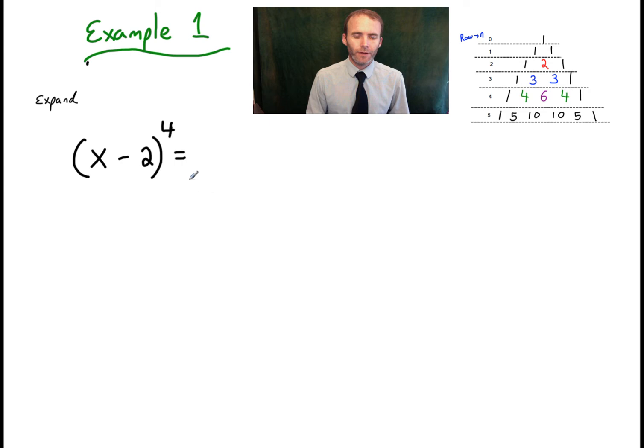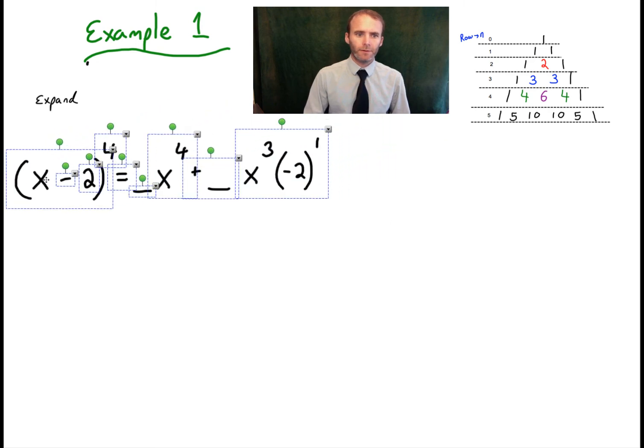And let's go through and write this out. So the first term is going to be x to my highest exponent, and we'll leave a blank here, plus, we'll leave the blank. Now we have x cubed, going to put a parenthesis here, and we have negative 2, and that's to the first power.